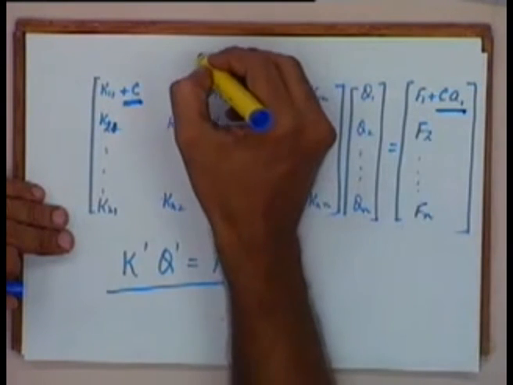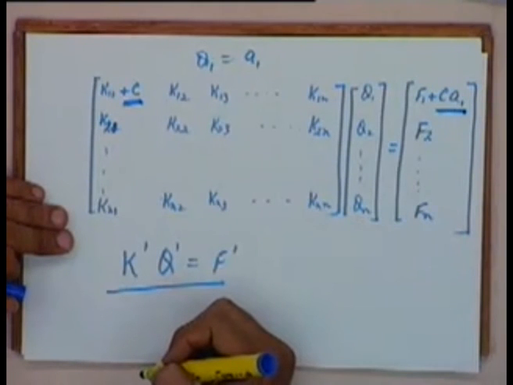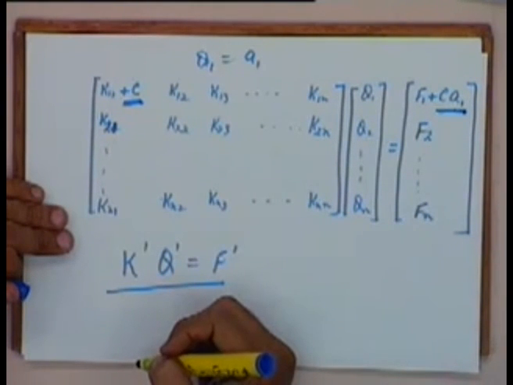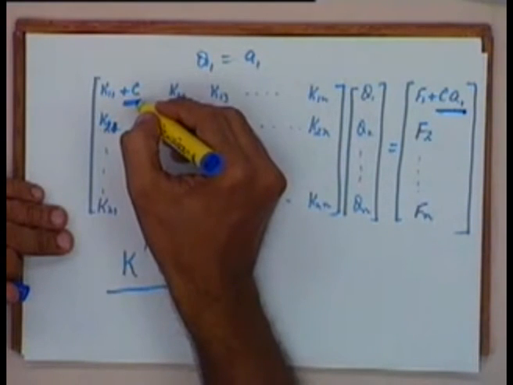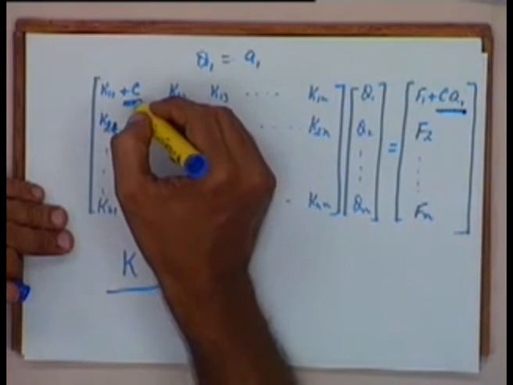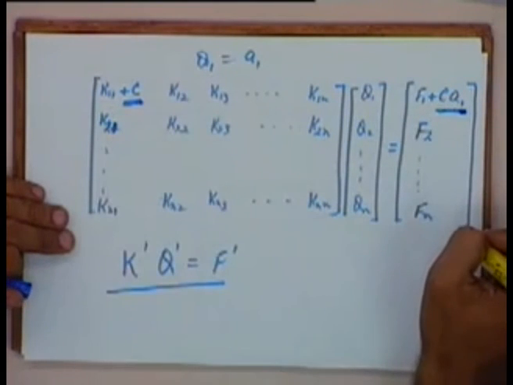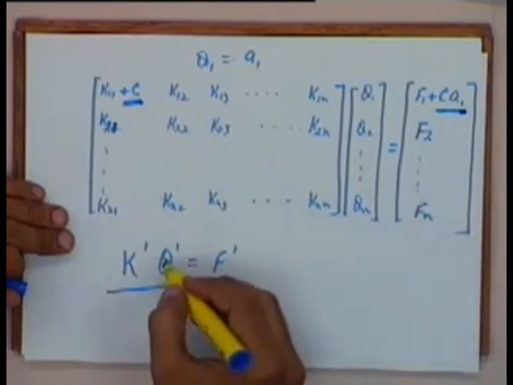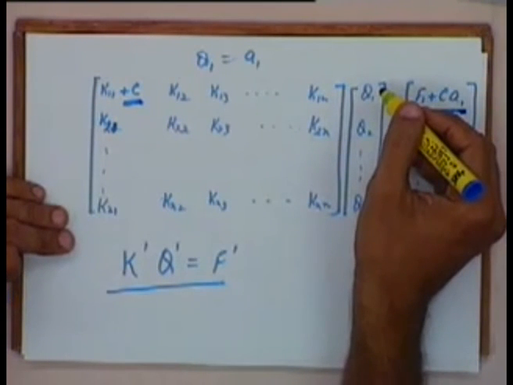Mind you, we are talking of a constraint which is Q1 is equal to A1. So I am taking a very high stiffness C, adding that in the stiffness matrix, and adding C times A1 in the force matrix. And then I can solve the system of n equations and get the different values of Q1, Q2 till Qn. Q prime is the same as Q.